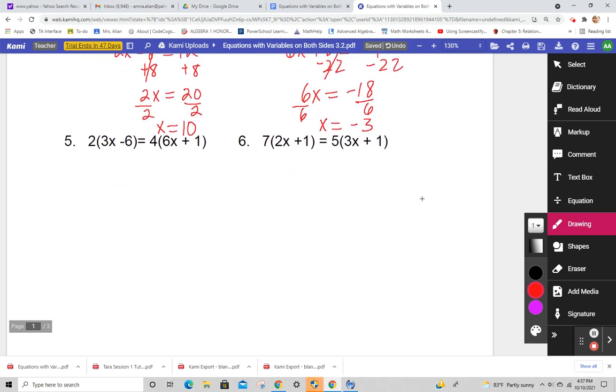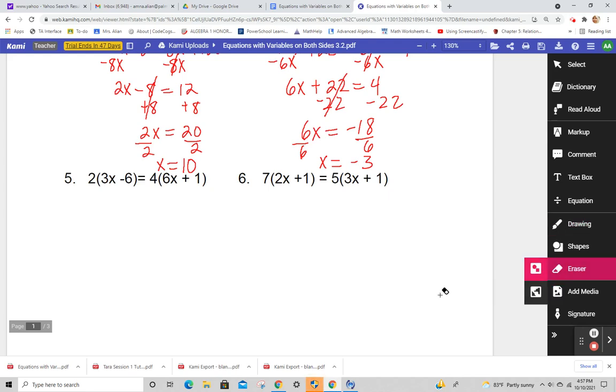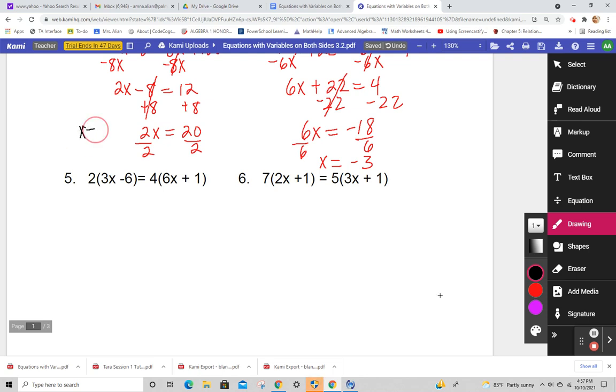All right, number 5. In this case, we have parentheses on both the left and the right. So the first thing we're going to do is distribute so that we can get rid of the parentheses. I'm going to erase this 10 here and just move it up a little bit so it's not in the way. So I'll put x equals 10 for this one right here.